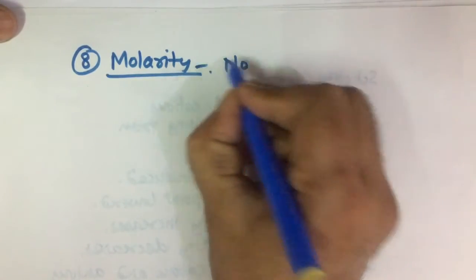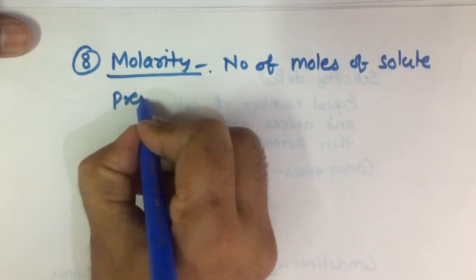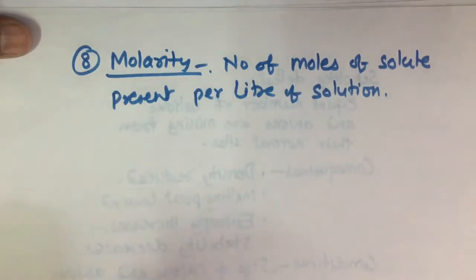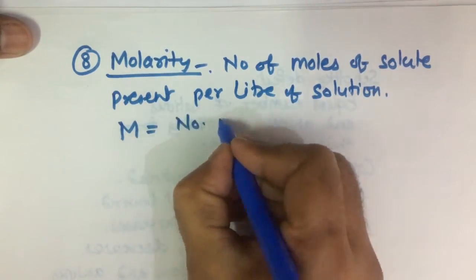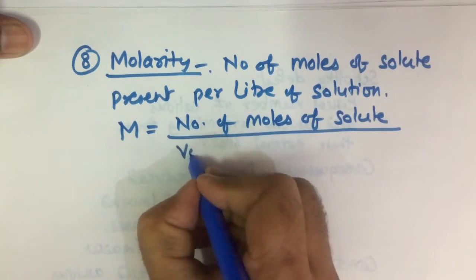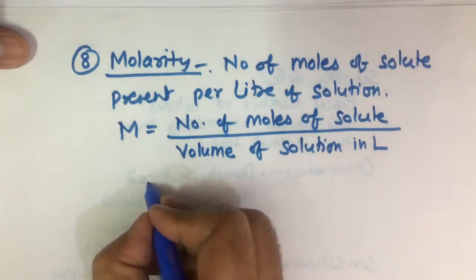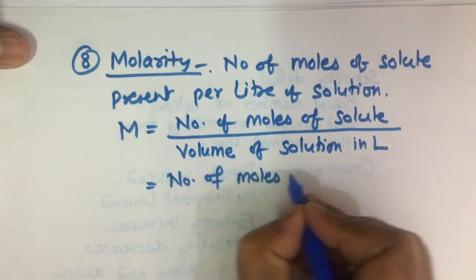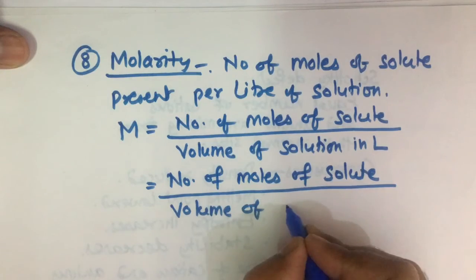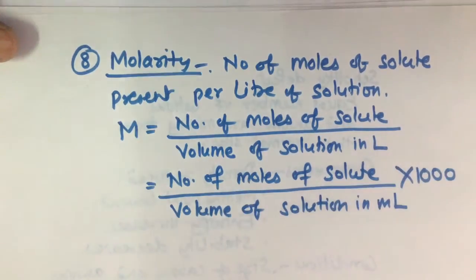Molarity is the number of moles of solute present per liter of solution, denoted by capital M. Molarity is number of moles of solute upon volume of solution in liters, or number of moles of solute upon volume of solution in milliliters multiplied by 1000.